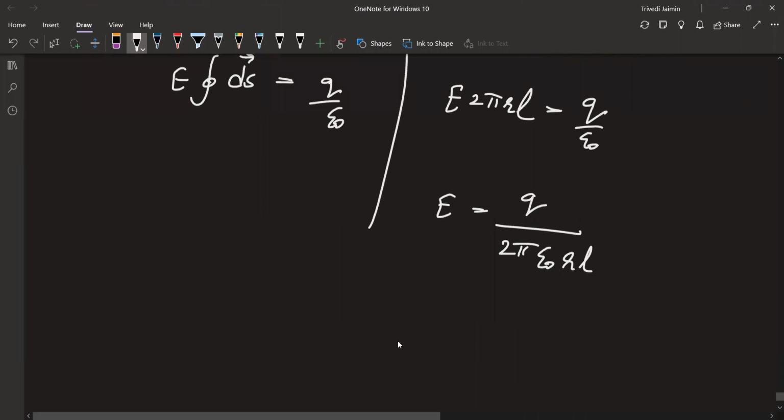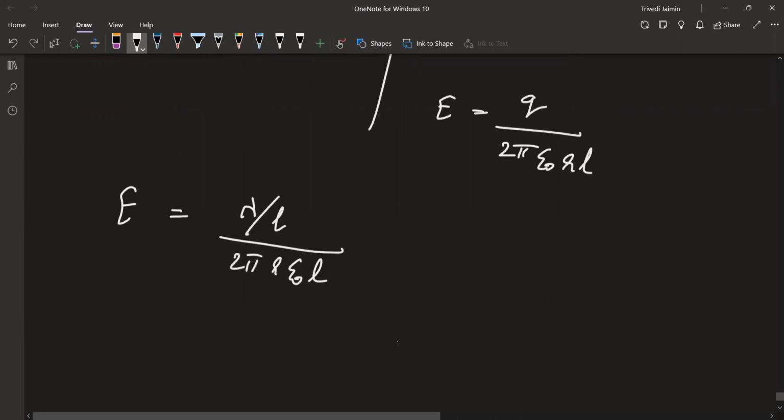Now Q equals lambda into L, unit charge per length. So E into 2 pi r L equals lambda L by epsilon naught. So we have everything: lambda by 2 pi epsilon naught r.